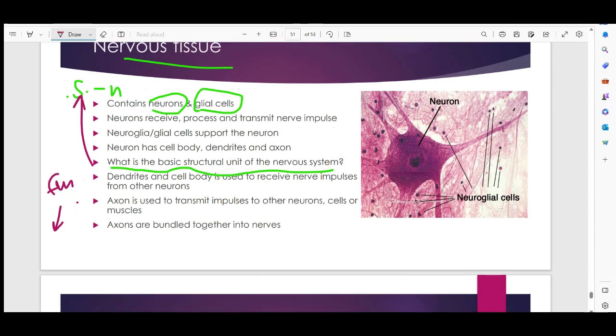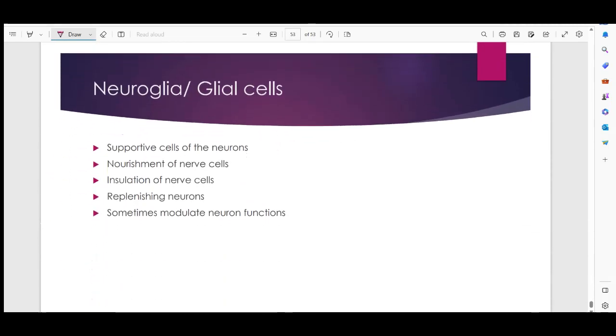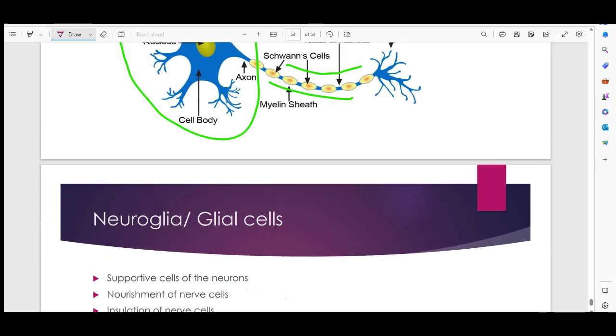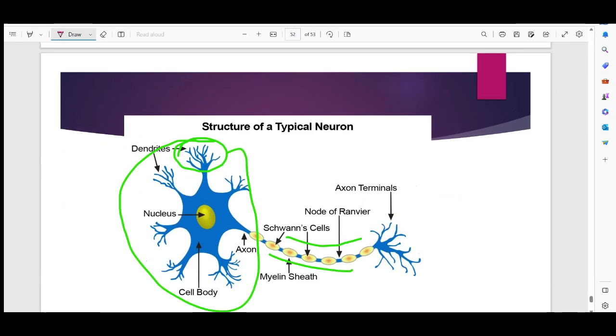Here, the next thing is about dendrites. We talked about three parts of the neuron: cell body, dendrites, and axon. Now we are talking about individual functions. Dendrites and cell body are used to receive nerve impulses from the neuron. Anyway, dendrites are taking information in.